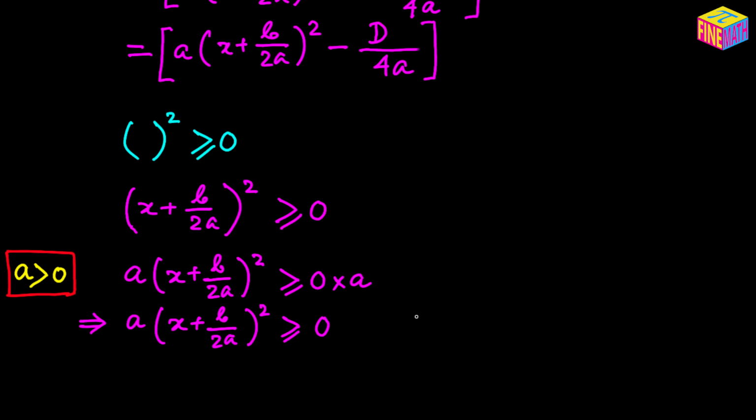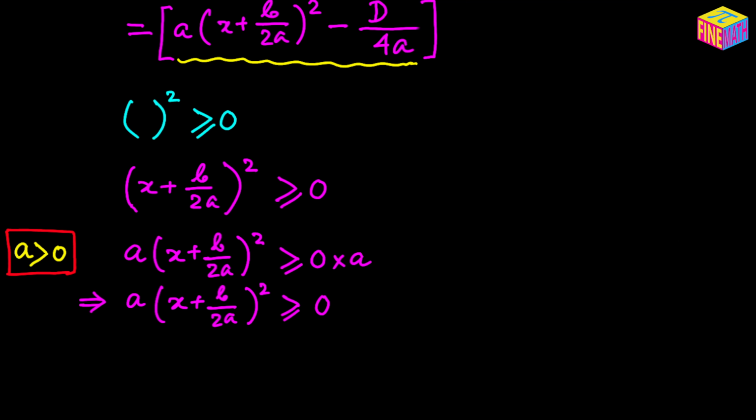So now you see that we have been able to establish an inequality where we are starting to see part of the quadratic function that we started with. This is our original quadratic function, and we are starting to see part of it coming up in this inequality, right?